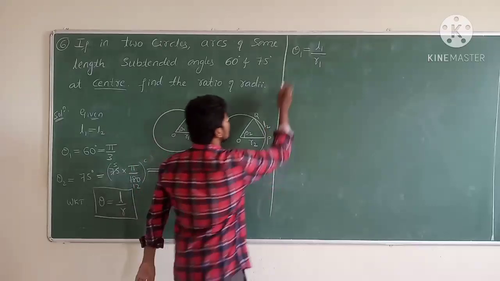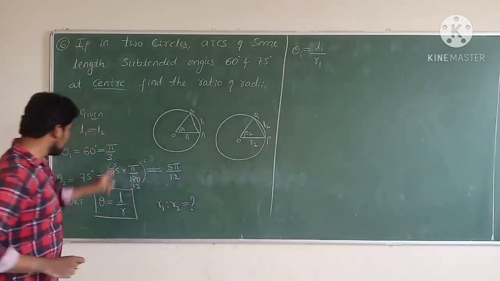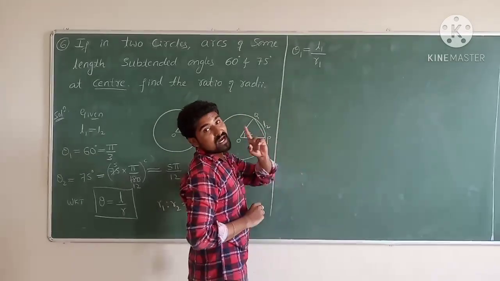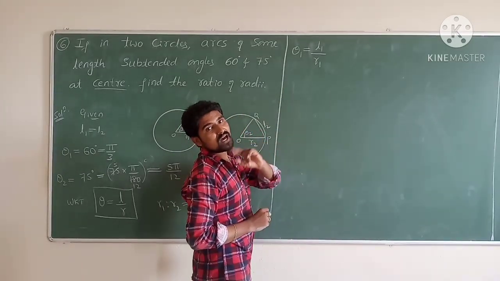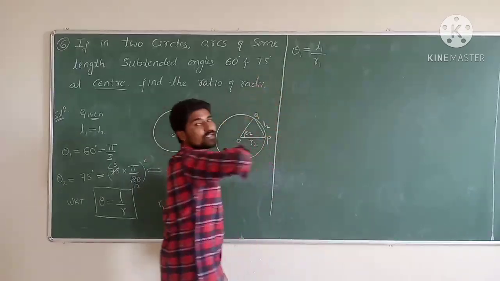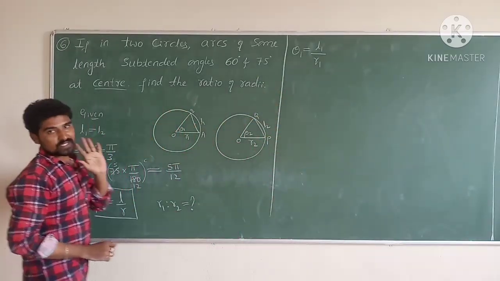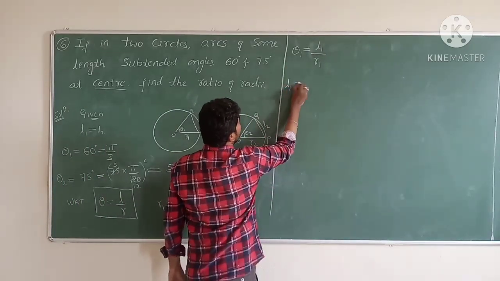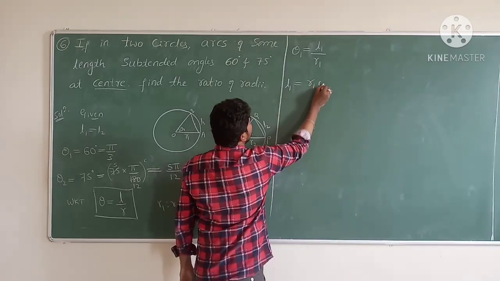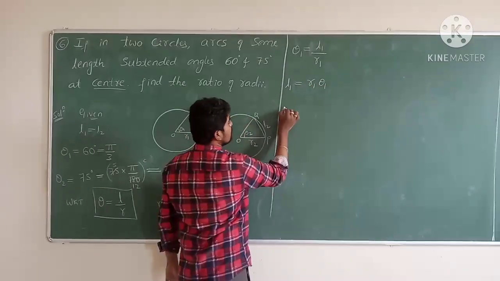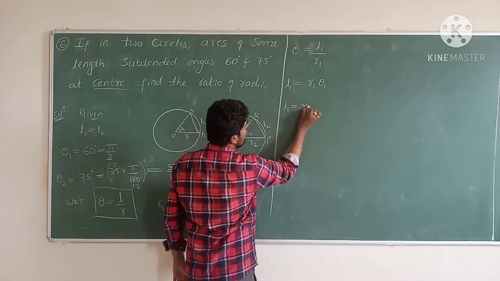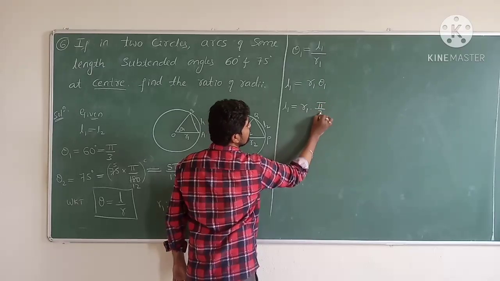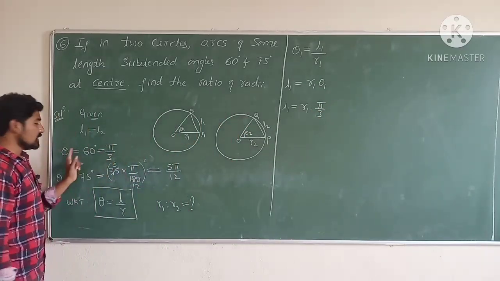Now the value of theta 1 is pi by 3. We need to find out the value of R1 divided by R2, or R1 is to R2. So for that, the information we have is L1 and L2 are equal. For the first equation I just found out the value of L1. So L1 is equal to R1 into theta. Therefore L1 is equal to R1 into the value of theta 1, which is pi by 3.